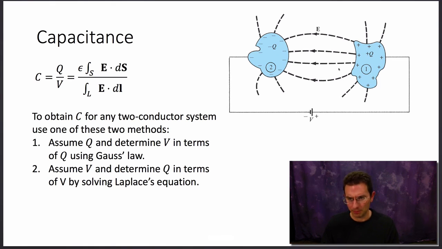And so the harder you have to push them in order to separate them is a metric on how efficient your system is at storing charge. So the harder I have to push them, the bigger this will be and the smaller the capacitance will be.